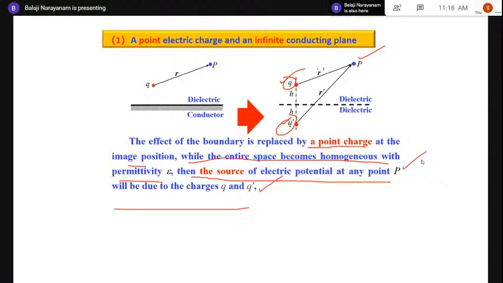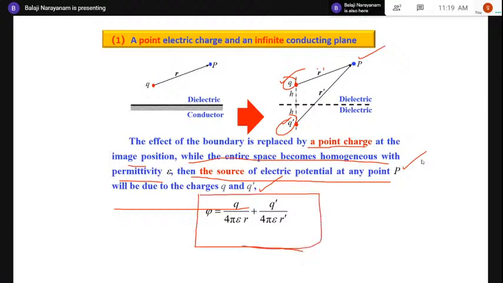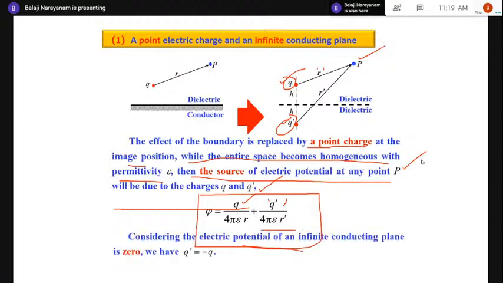Okay, so Q dash is an image charge, so that the total net potential can be computed making use of the potential Q by 4 pi epsilon r, because of this, and because of the image charge, Q dash by 4 pi epsilon r dash.